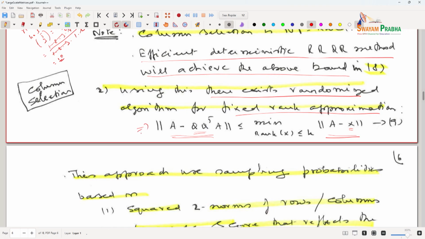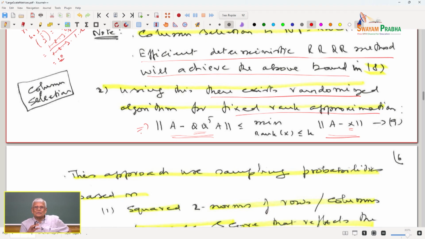So, you can see the historical perspective. In the 1960s, somebody proved the existence of a subset of k columns. It was soon realized that subset selection is a computationally difficult problem. The paper by Gu and Eisenstat gave a good column selection algorithm that can achieve a constant multiple of the best bound.